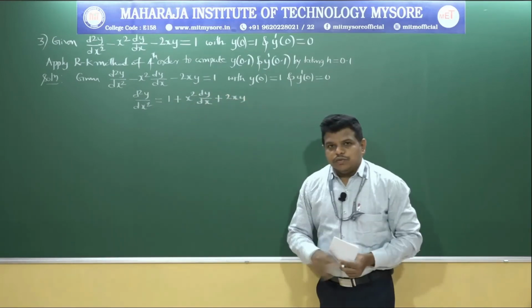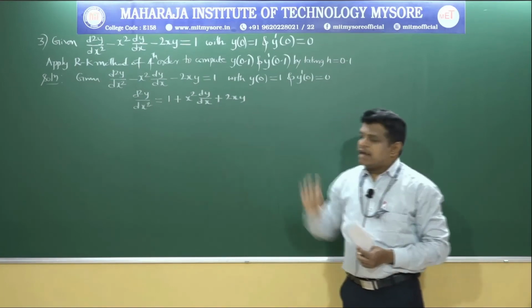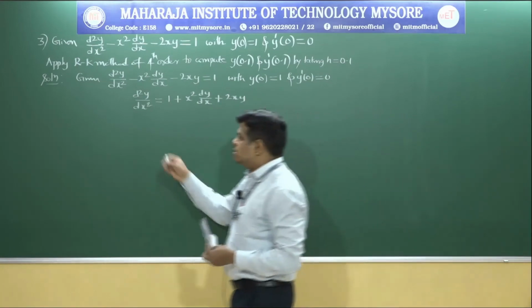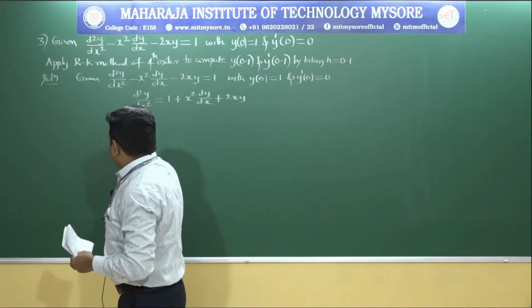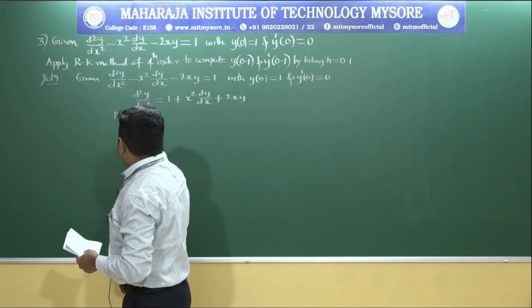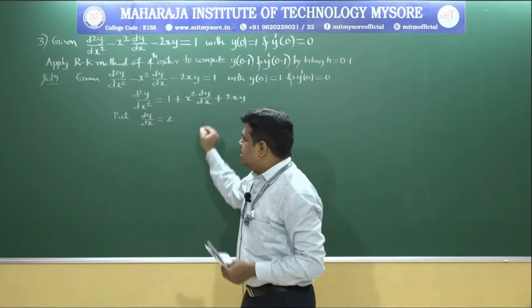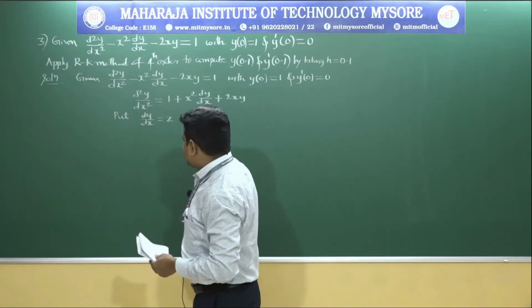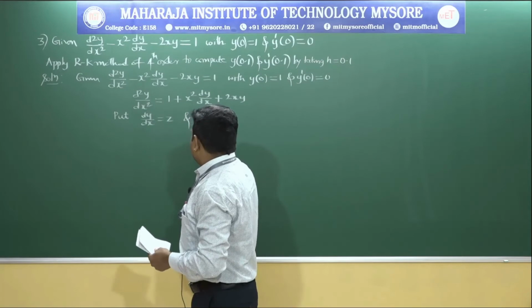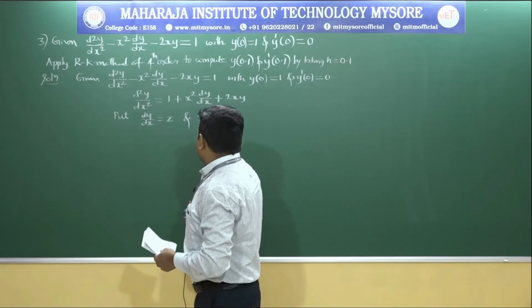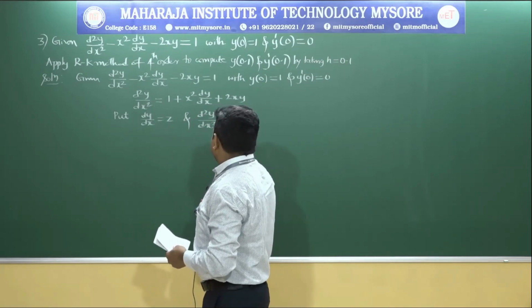Now we need to reduce the second order derivative to first order derivative. Now we shall take the substitution dy by dx equals z, and differentiating this with respect to x, we get d square y by dx square equals dz by dx.